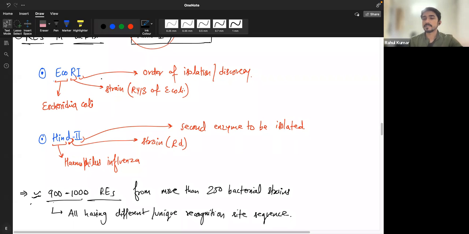So will you use EcoR1 for your research or not? Anyone? Do you want me to repeat again, people? If it's not clear, I will repeat.